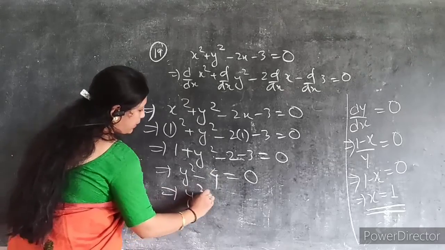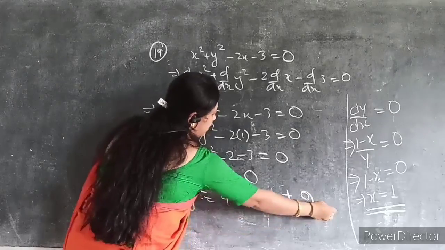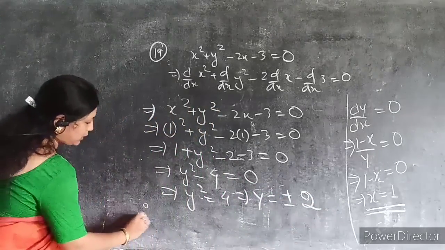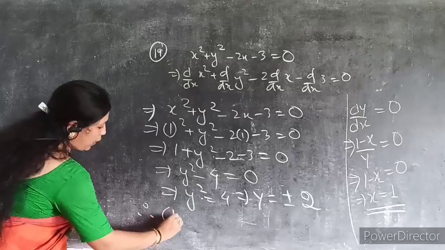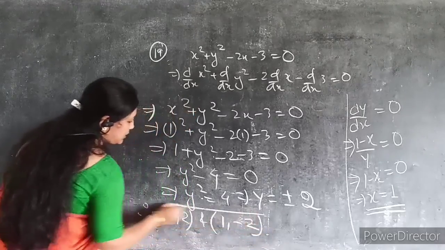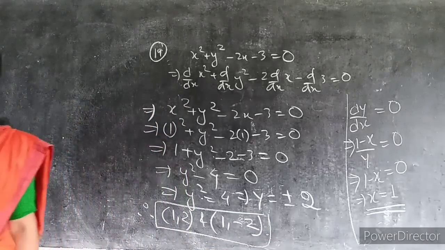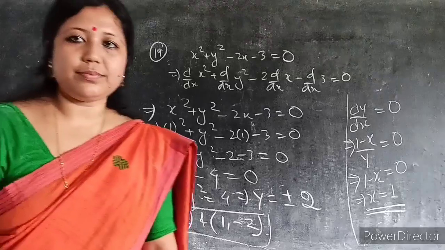That means y square will be equal to 4. So y will be giving us plus minus 2. Therefore, what are the coordinates we have got? 1, 2 and 1, minus 2. So this is the answer of your question number 19. Okay student? Thank you.